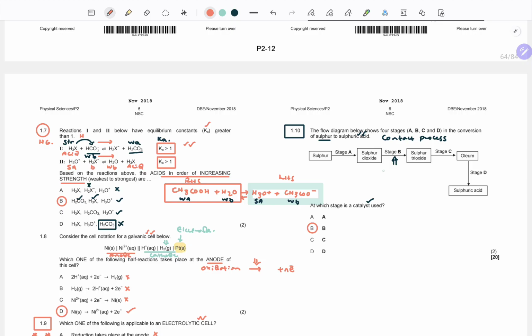Is the contact catalyst vanadium, or we can say divanadium pentoxide. Okay, it's vanadium pentoxide. That's the contact catalyst. And so we termed this the contact process as a result.